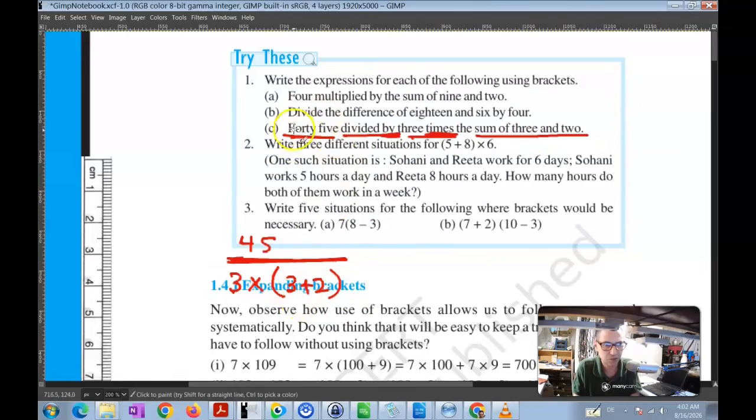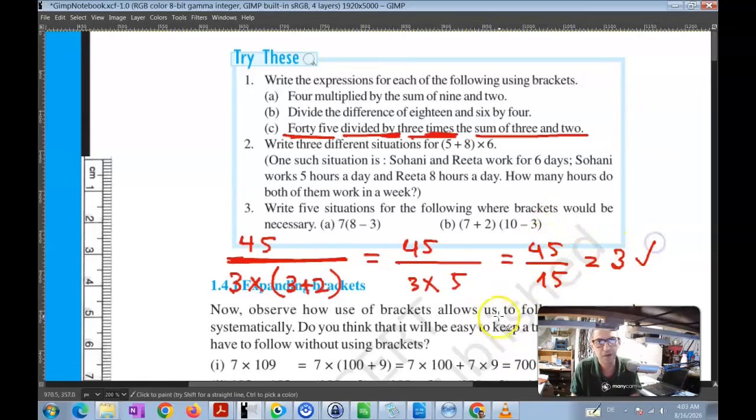So that's 45 divided by 3 times the sum of 3 and 2, and that means that 45 is divided by this whole thing. So we have 45 divided by 3 times the bracket, which is 5, so that's 45 divided by 3 times 5, which is 15, and 45 divided by 15 is equal to 3, right? So that's how you're supposed to write this.